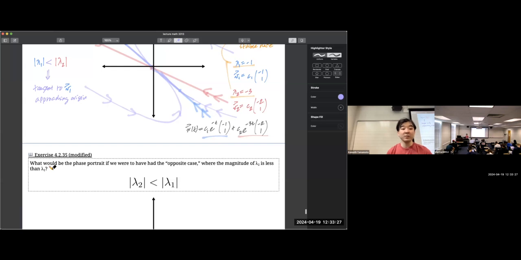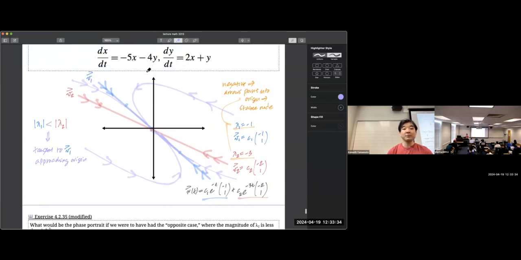What would the phase portrait be in the opposite case, where the magnitude of lambda 2 is less than lambda 1? It's going to be a different kind of system, but let's say everything stays the same, and just this got flipped around where lambda 2 is the smaller magnitude. That means that everything stays the same, but the purple lines will change.